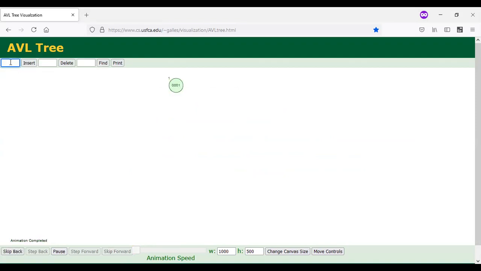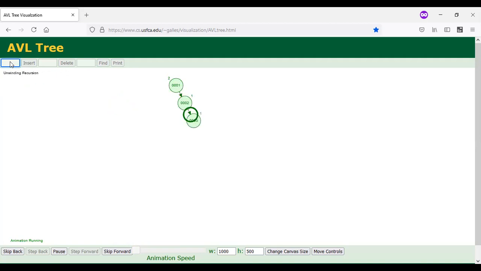So inserting the first element and then the second element. The second element is greater than 1, so we have to insert it on the right side of that one. Now insert 3. It is greater than that one, and it is also greater than that 2.